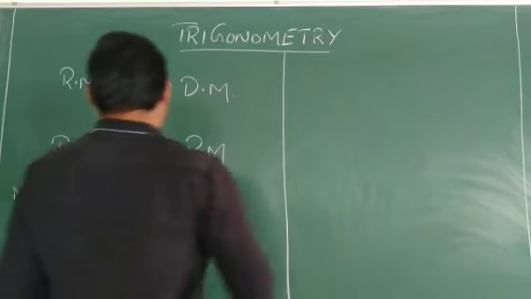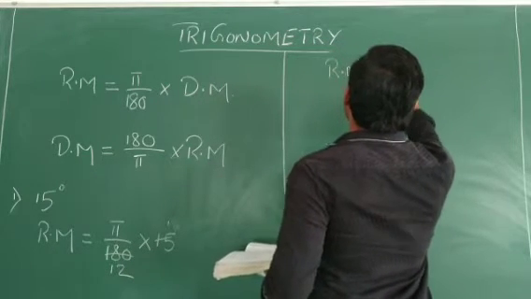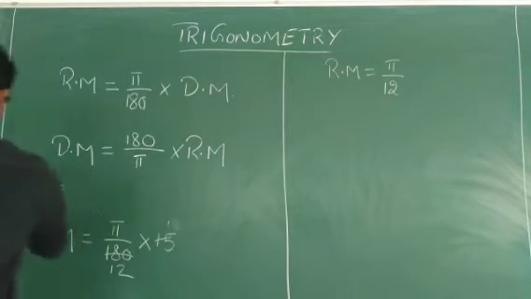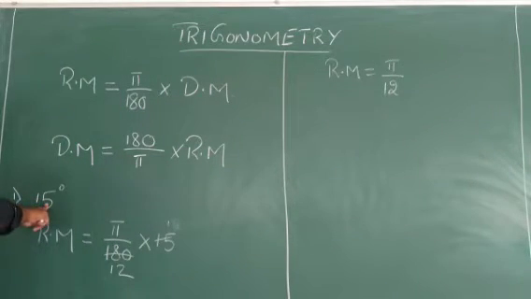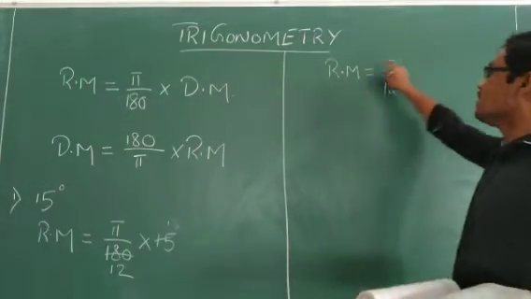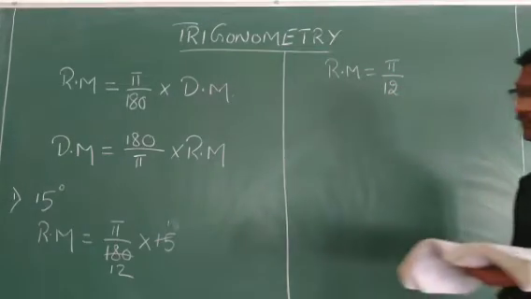So we get radian measure equal to pi by 12. If it is 15 degrees, then in radian measure, or the circular measure, the angle will be equal to pi by 12.